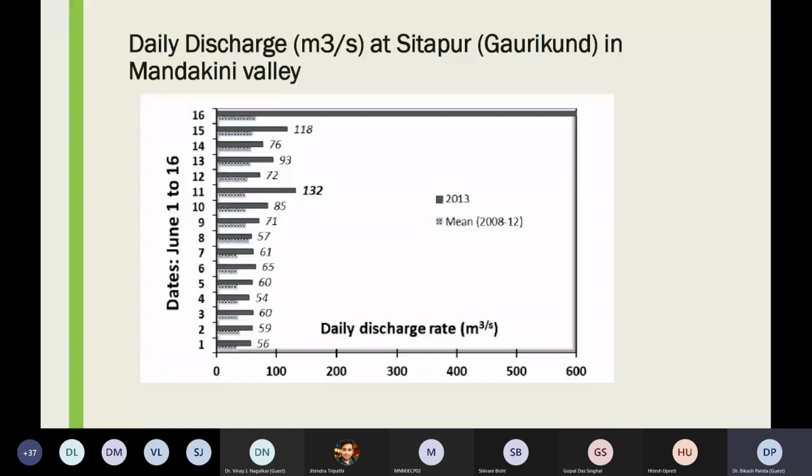And then obviously on 16th, we find a certain increase, and that is because of the burst of the Chorabari glacier lake. Because of the burst, suddenly all the water flushes out from that lake. So that is related to the lake burst, and therefore clearly we see that the discharge has increased significantly.